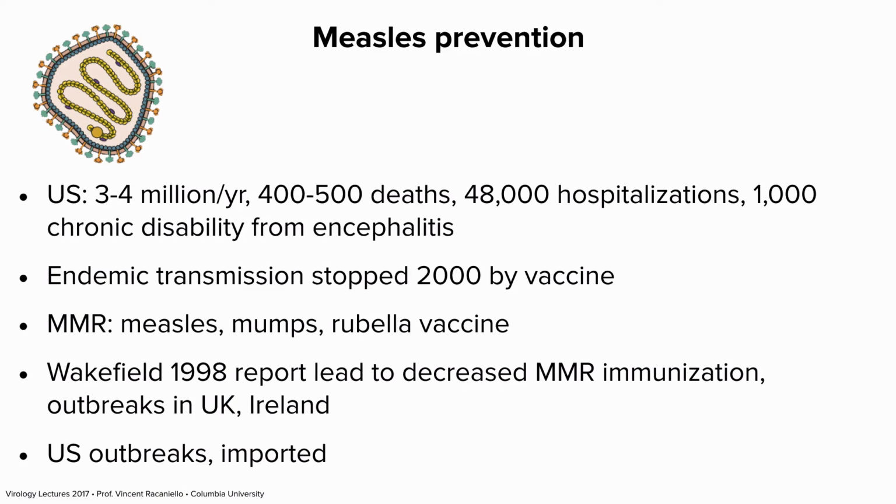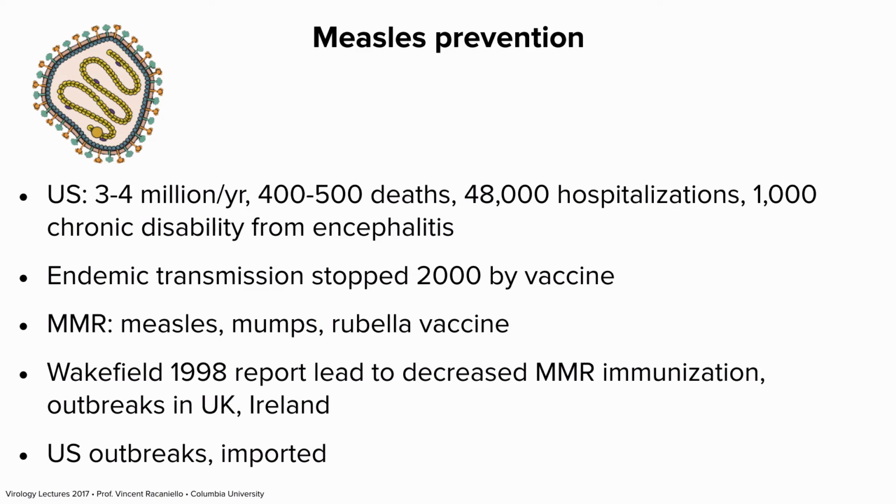And you may remember back in 1998, a gastroenterologist by the name of Andrew Wakefield published a paper saying that this vaccine caused autism. And that, of course, led to decreased use of this vaccine. It has been refuted and withdrawn and shown to be wrong over and over and over again.